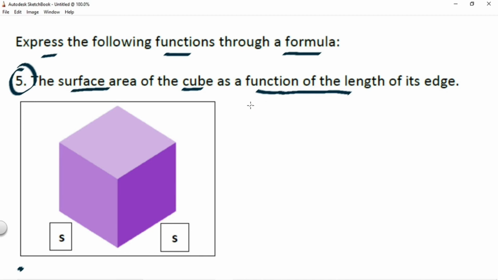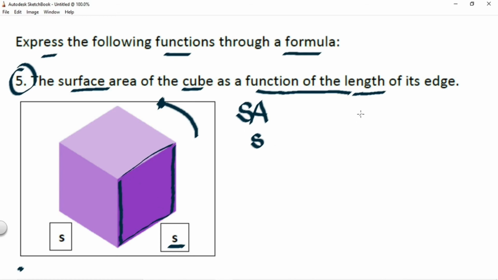Let's just have a symbol of capital SA. It refers to the area of the whole surface of this particular cube. Next, for the length of its edge, we just have to base this from this figure, which is small letter s. And we already know that all edges of this cube are equal.